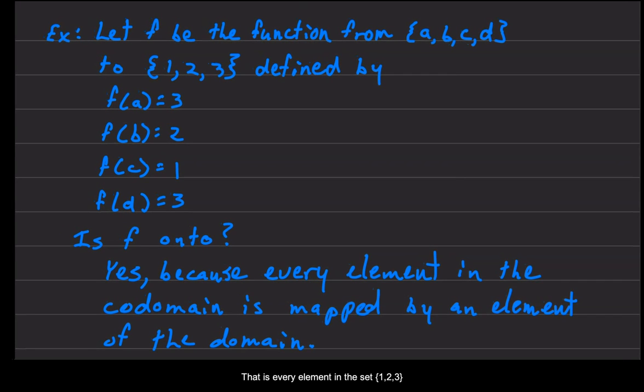That is, every element in the set {1, 2, 3} is mapped to by some element from the set {A, B, C, D}.